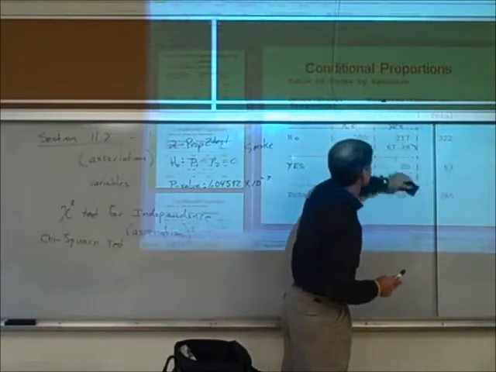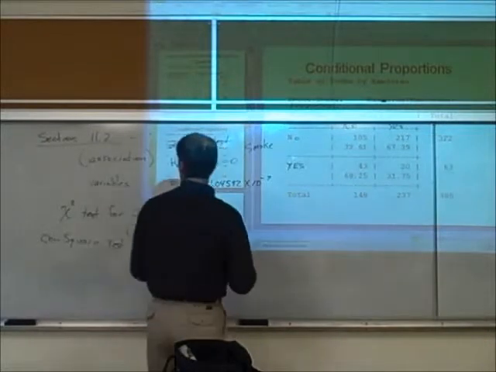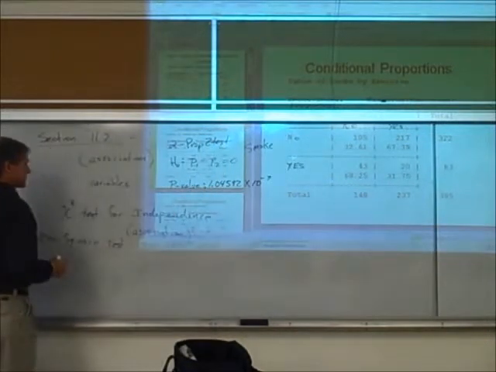So here's the way the chi-square test works. First of all, the null hypothesis.